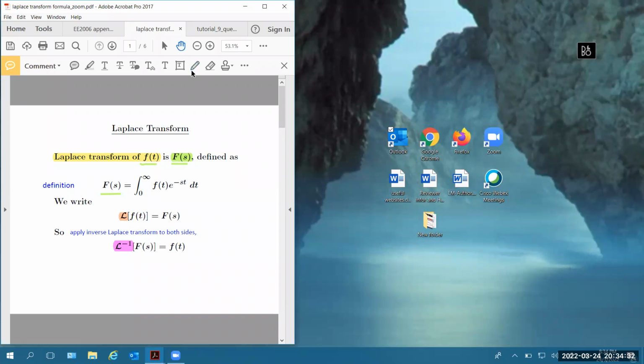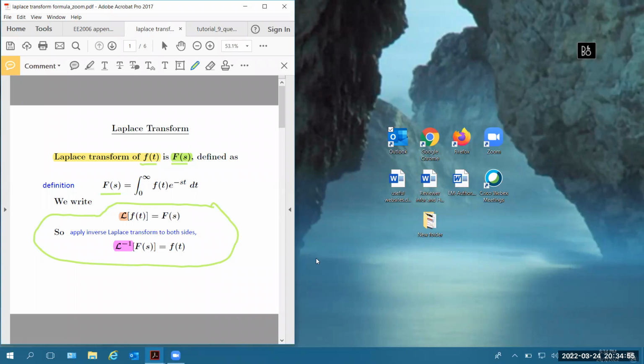So what we have here are two very important relations between the small f(t) and the capital F(s). The relation is like this: the Laplace transform of f(t) is capital F(s).